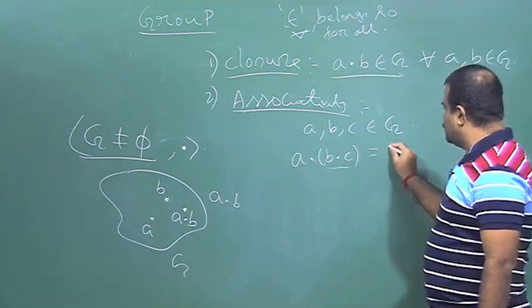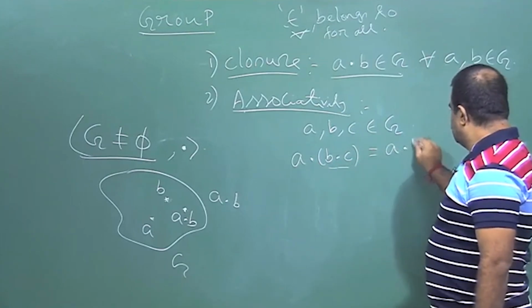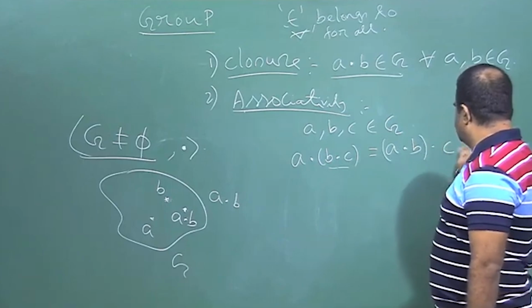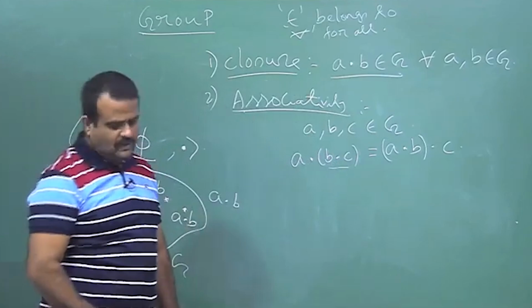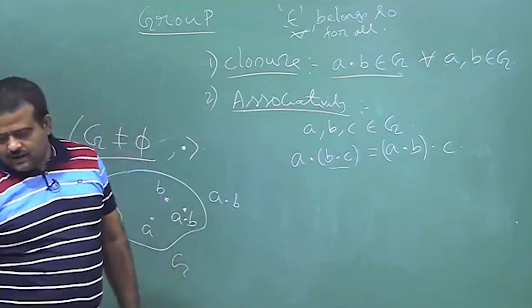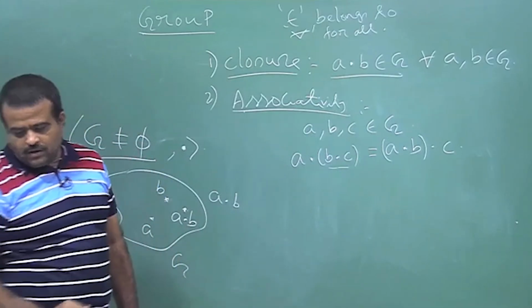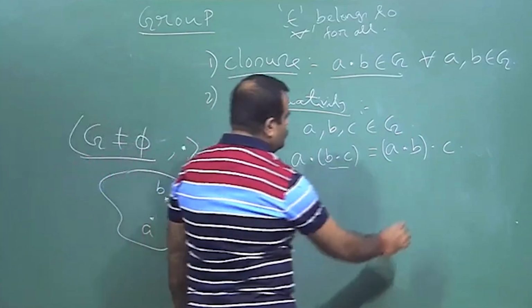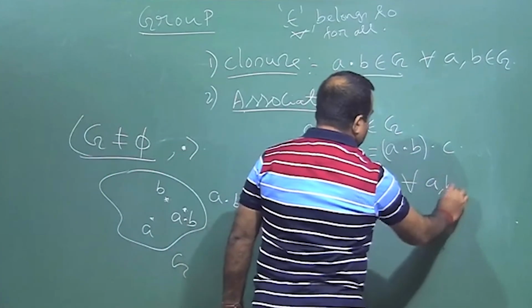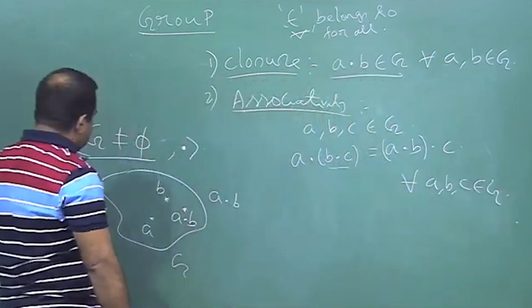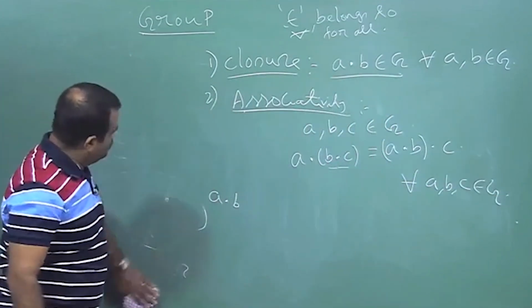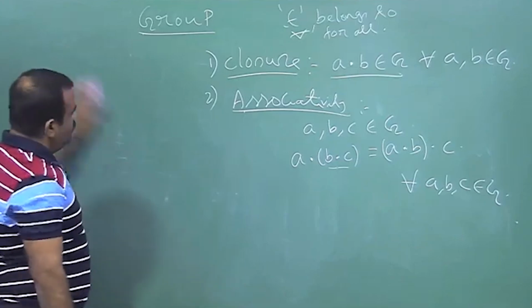So this must give us A dot B dot C. And if it is true for all A, B, C belonging to G, then we say that associativity is satisfied.